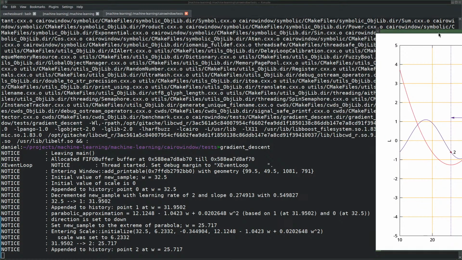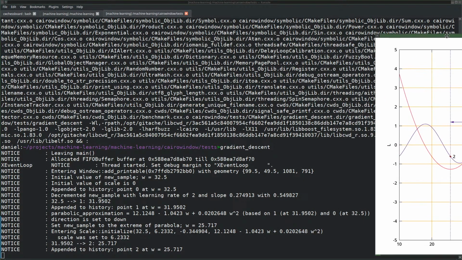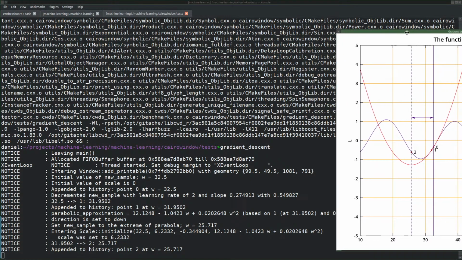So now it says parabolic approximation is this, based on 1 and 0. So these two. That looks good.